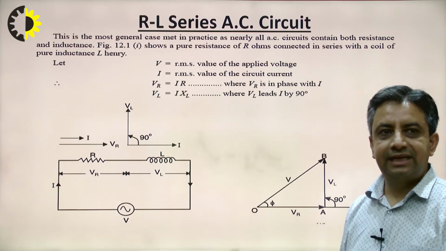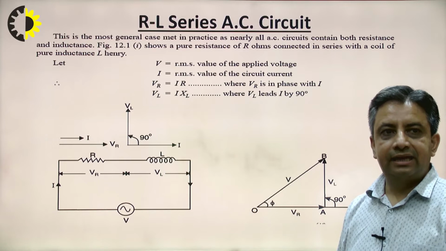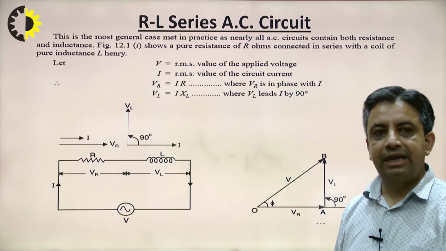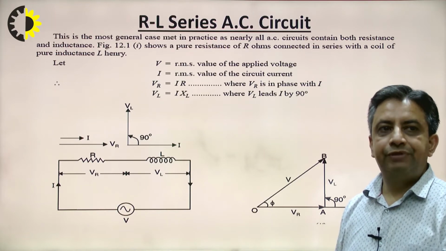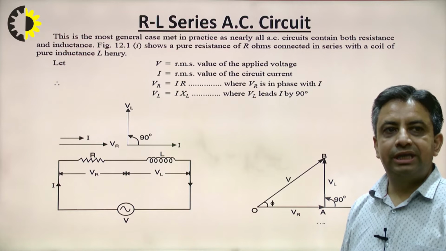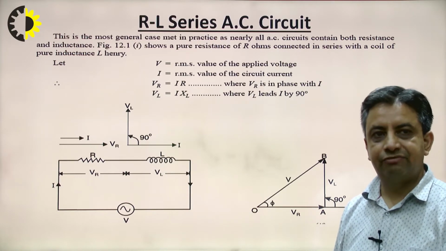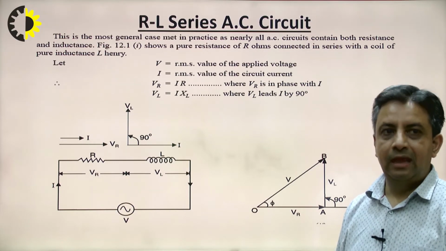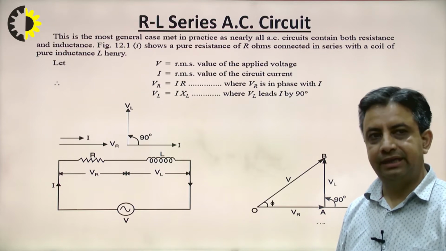As you can see in the figure, R and L are connected in series, and this combination is supplied from an AC supply. VR stands for the voltage appearing across the resistance, and VL stands for the voltage appearing across the inductor. V is the supply voltage and I is the supply current.